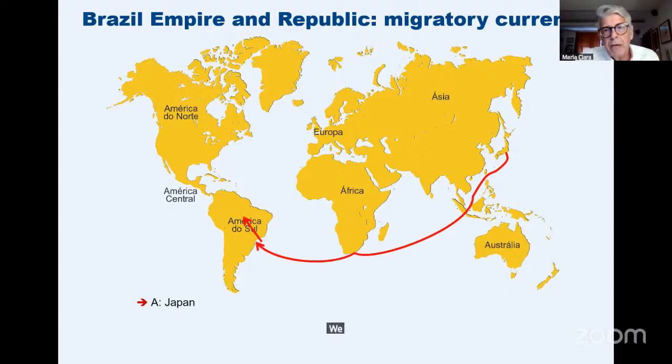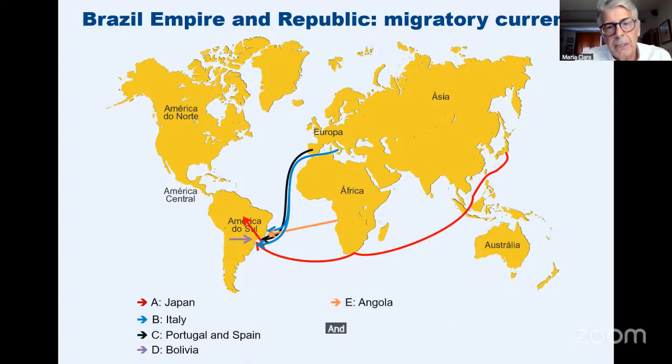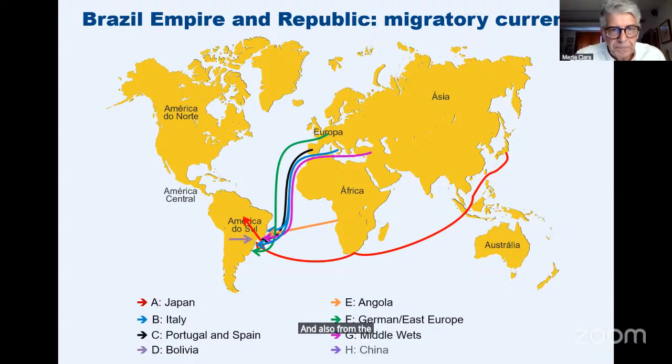We also have in Brazil different migrations from other countries, from Italy and from Japan, and again a new wave from Portugal and Spain, and also inside South America more recently from Bolivia and from Africa, again with a big commerce with Angola, and also between the first and the second war, from Germany and Eastern Europe, and also from the Midwest.